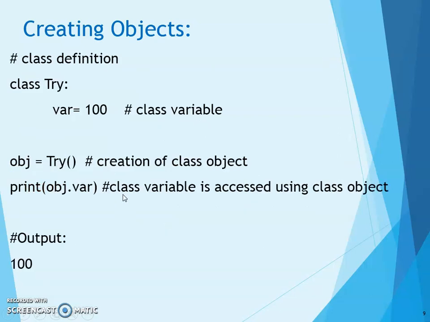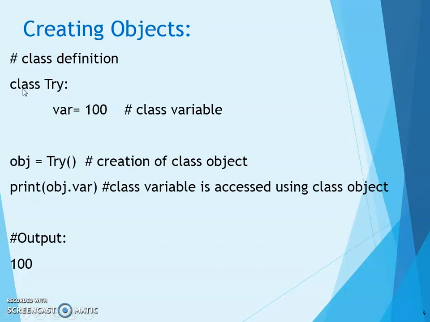So we'll see an example of how this data that is written inside a class can be accessed. So first of all, we'll start with the class definition. Class definition starts with the keyword class followed by the name of the class and colon.